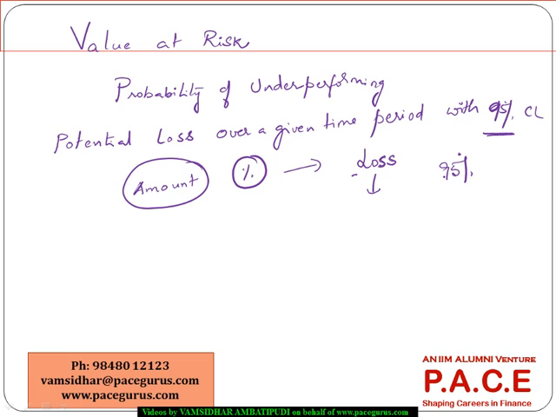So that is what we typically represent as the value at risk. The value at risk for this particular x is minus t, which means the probability that x goes below this t is going to be p. There is a p probability that the value of x goes below the t mark.